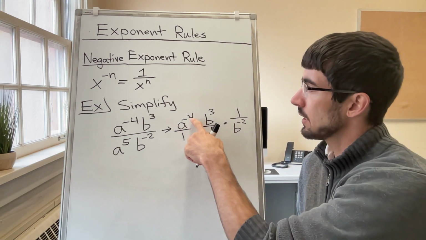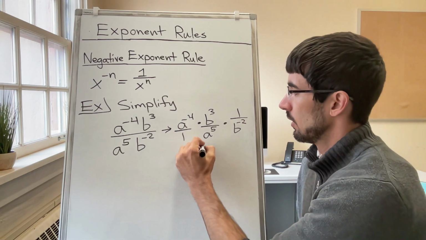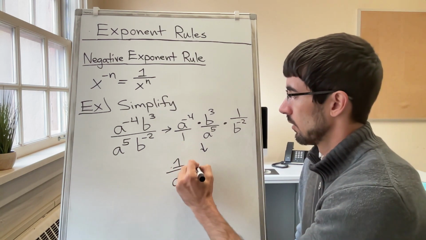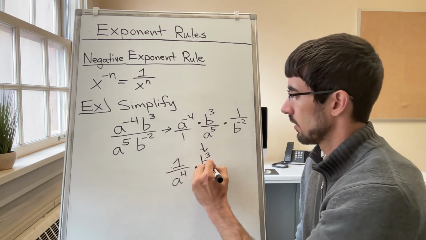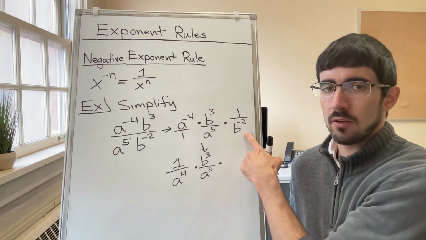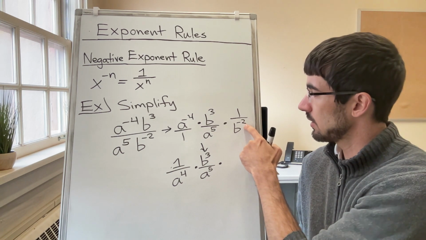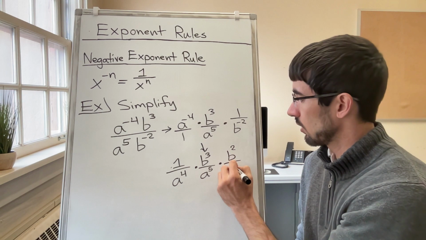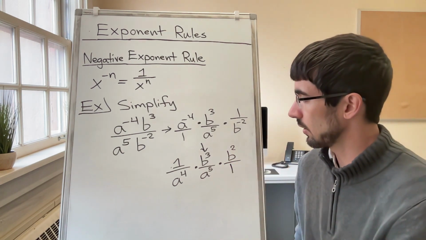Well, we know a^(-4) is the same as 1 over a to the 4th. So this is 1 over a^4 times b^3 over a^5 times 1 over b^(-2). From the example that I did earlier with a negative exponent in the denominator, we know that that's the same as b squared over 1. We're dividing by the reciprocal here.